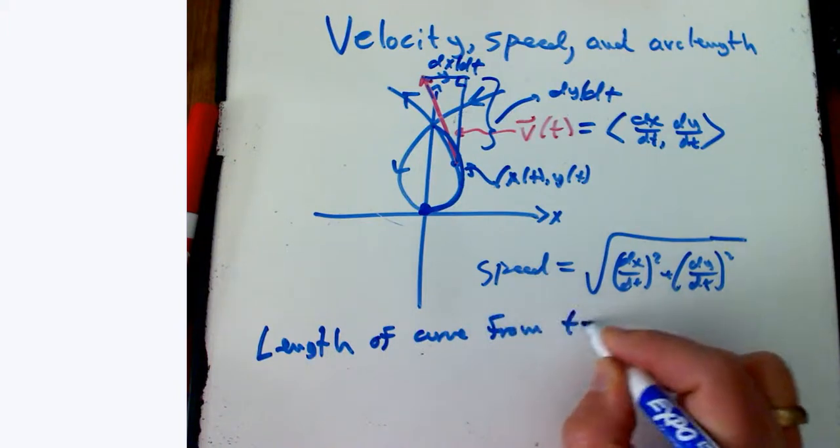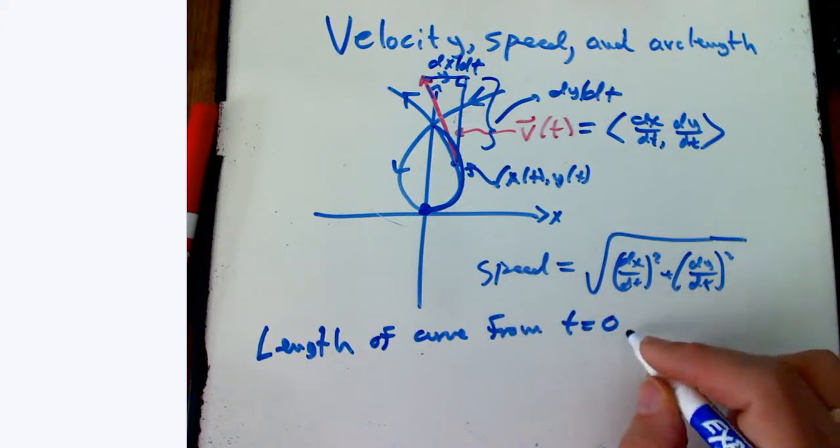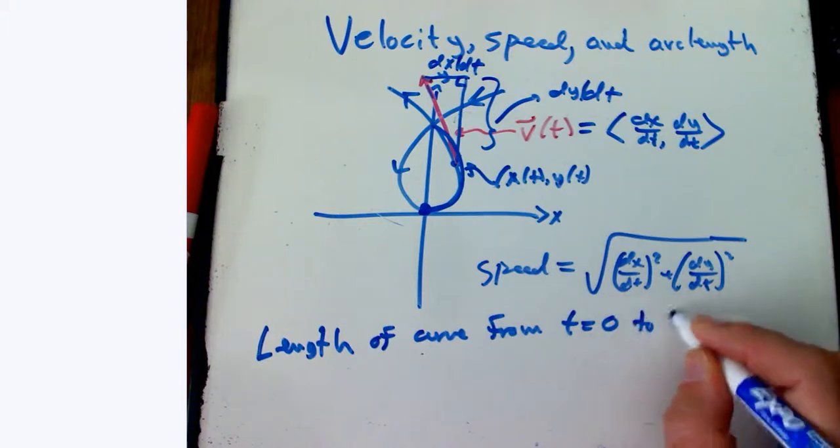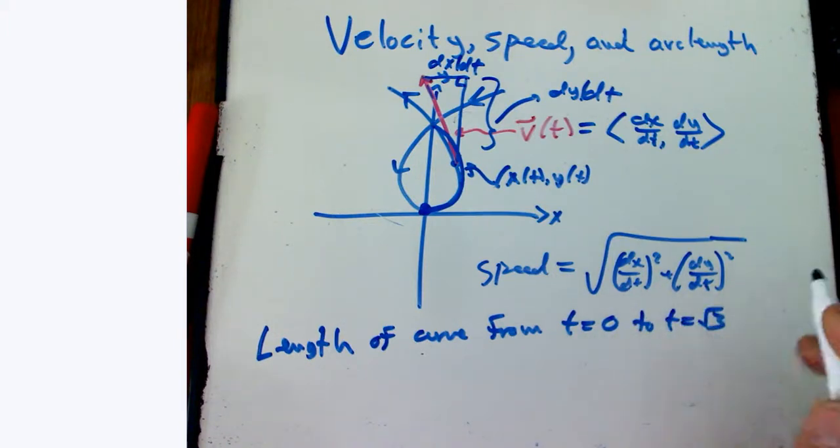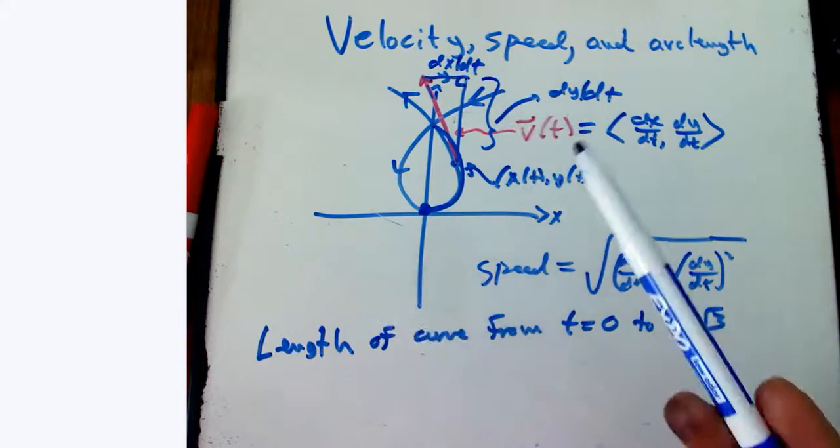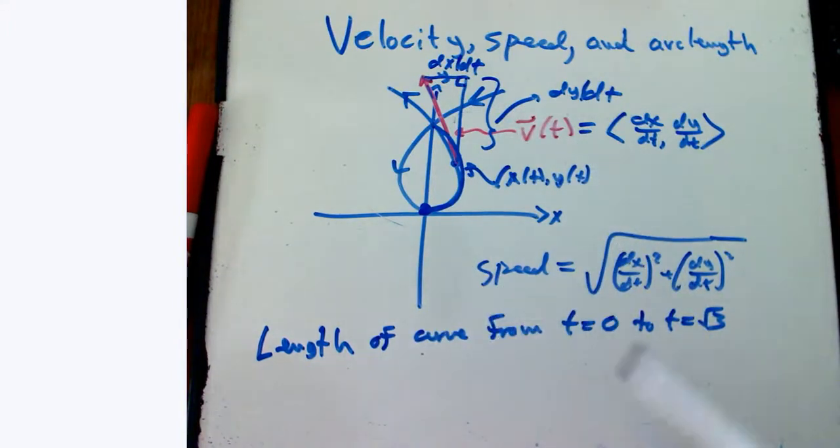And the simplest kind of case is we're going to specify from a certain parameter value, from a certain time value, to another one. In a more complicated case, I might say from some xy point to another xy point, and you'd have to figure out what the t's are. Fairly standard. Okay, an extra little step that you do a lot with parametric curves.